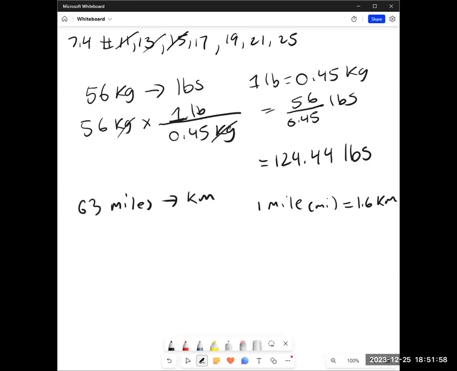We've already dealt with that, so I'm not going to write the whole thing out. 63 miles times 1 mile goes on the bottom, 1.6 kilometers goes on the top. So we're going to multiply 63 times 1.6.